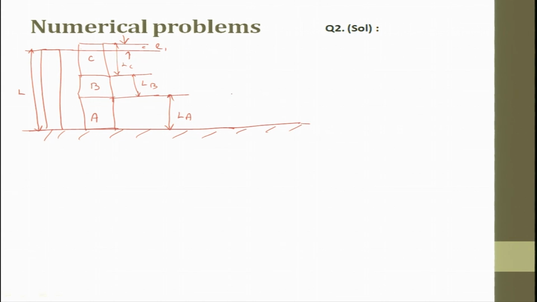Now, the next thing in this is your base. Next thing what we have said? We have said that you have LA, then we have LB, then we have LC, right.